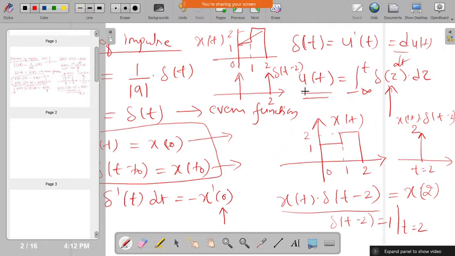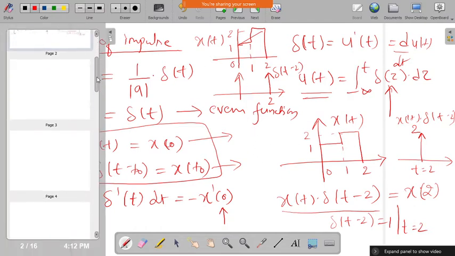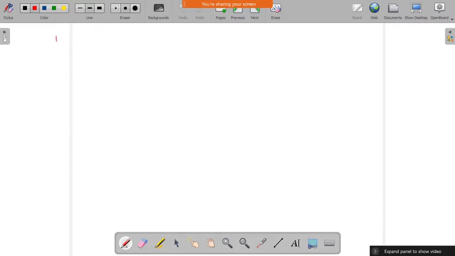Like this, you need to see how the multiplication and signal operations happen with this impulse, even if some other problem is given. Let us take another signal, with points at 1, 2, 3 and 0.